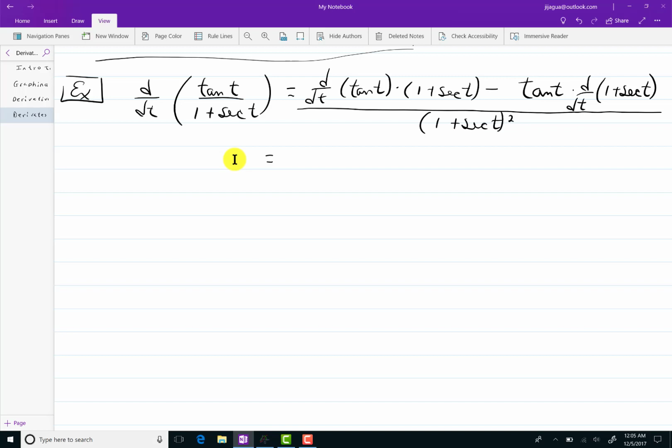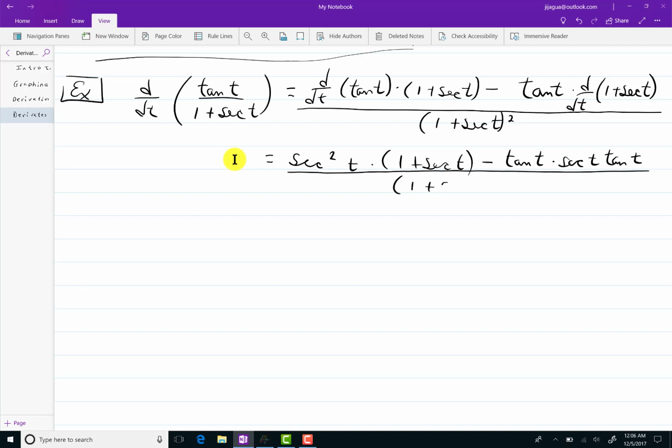The derivative of tan is secant squared t times 1 plus secant t minus tangent of t times the derivative of 1 plus secant of t, which is secant of t times tangent of t, and all of that is over 1 plus secant of t squared.